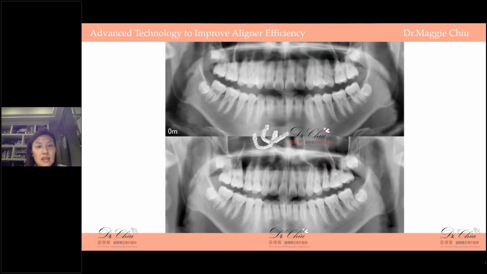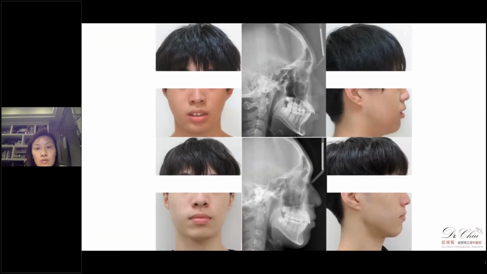As you can see, all the wisdom teeth are still intact. Okay, there's some widening of the PDL at the end of the treatment. The root axes are good and parallel to each other. Okay, however, we asked him to have the wisdom teeth extracted after the treatment.